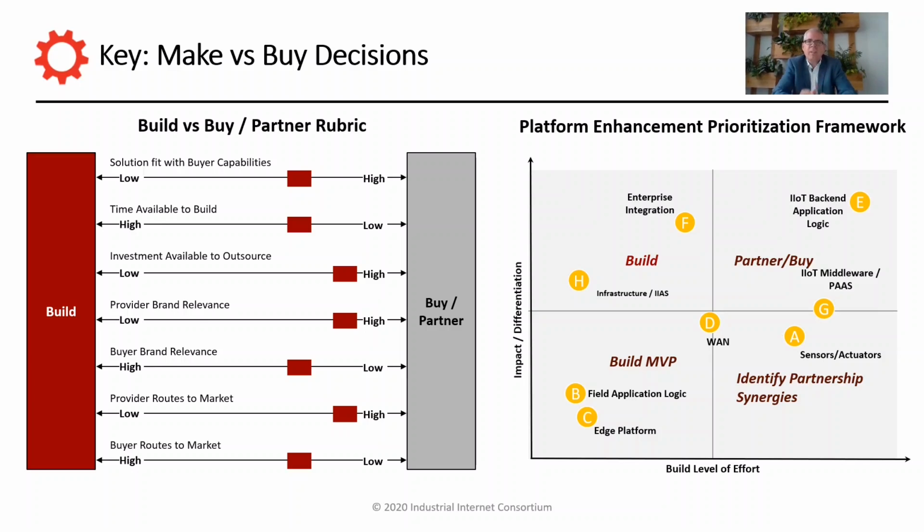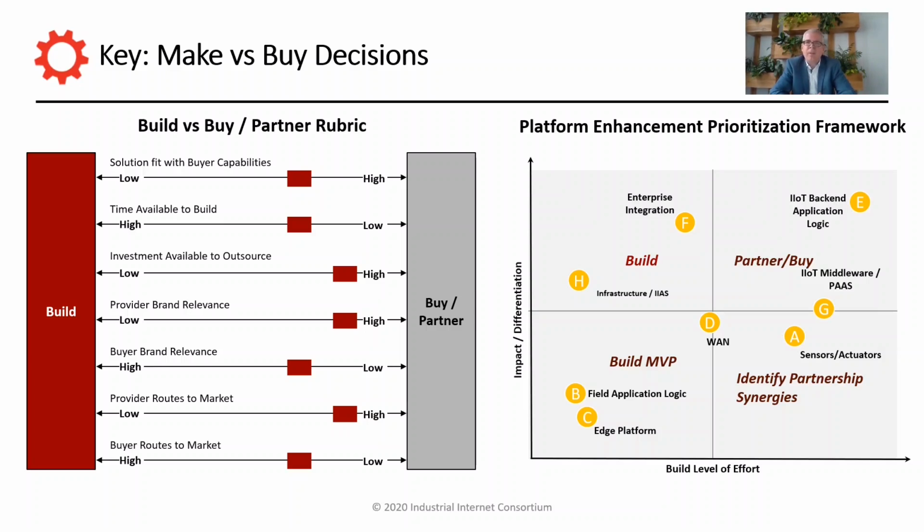So if you take all of these different questions and you map them to the different components, again labeled A to H here, that you are acquiring, you can easily map this to a quadrant that shows you on the one side impact and differentiation, as we have discussed earlier on, but also the build level of effort.